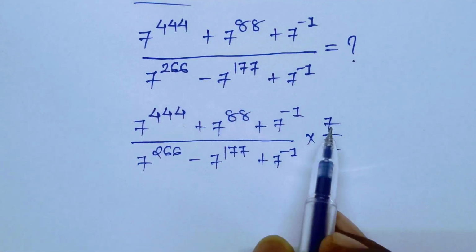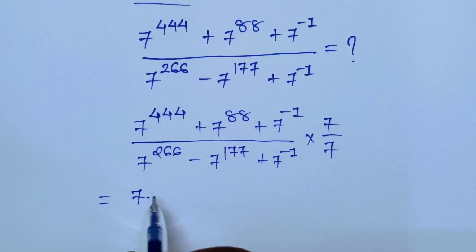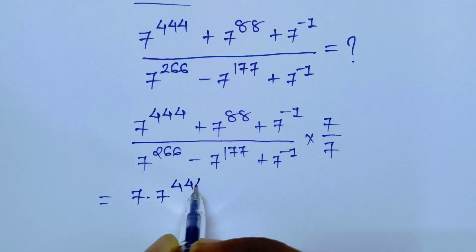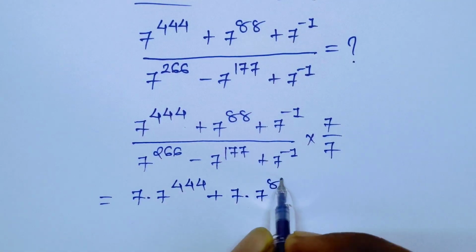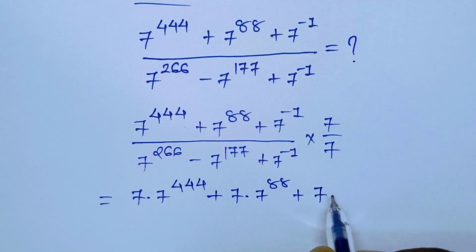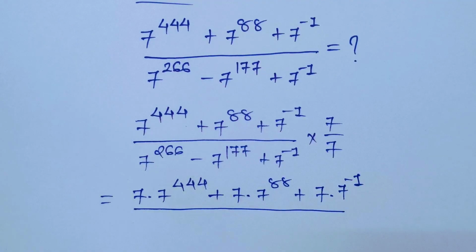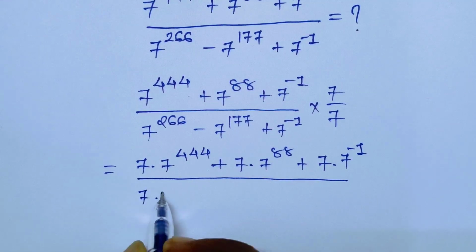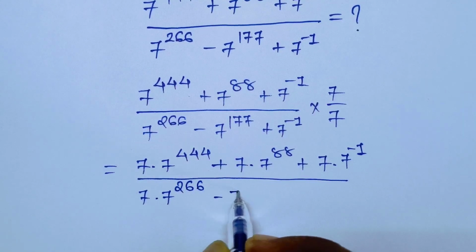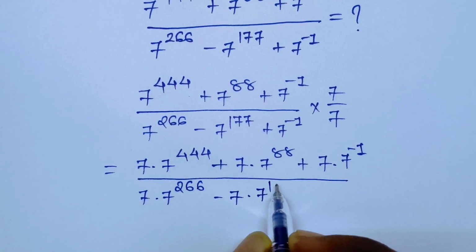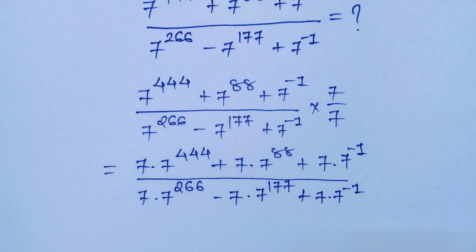Now 7 into 7^444, plus 7 into 7^88, plus 7 into 7^-1, upon 7 into 7^266, minus 7 into 7^177, plus 7 into 7^-1.